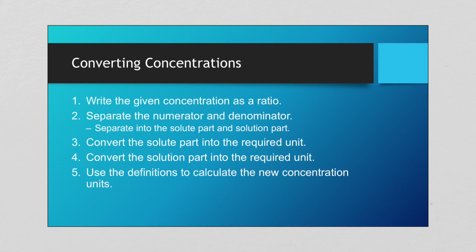Well, I need to know moles of solute, and I need to know liters of solution. And so I can more easily get to each of those individual parts and then combine them to get the molarity, for example. So I can take my solute and get it in the right unit, take my solution or solvent and get it in the right unit, and put these different parts together to calculate the concentration.